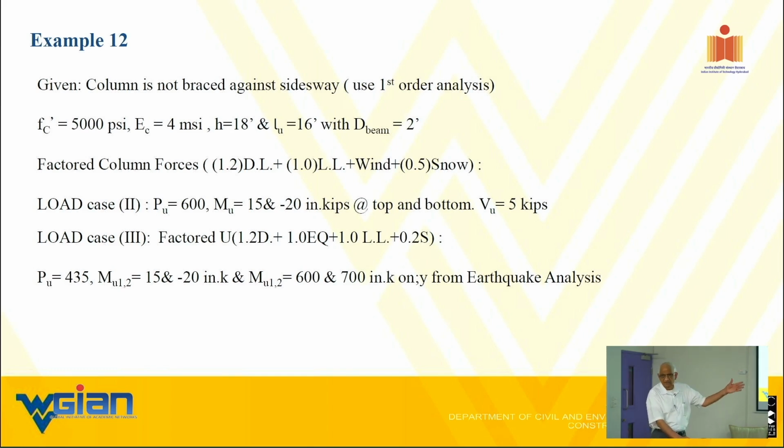As I gave you, there are 8 or 10 load combinations here to check. And there's a load combination 3. So this is a PU. This is given. Inch kips, 15 and 20. MU1 is 600 and 700 inch kips.